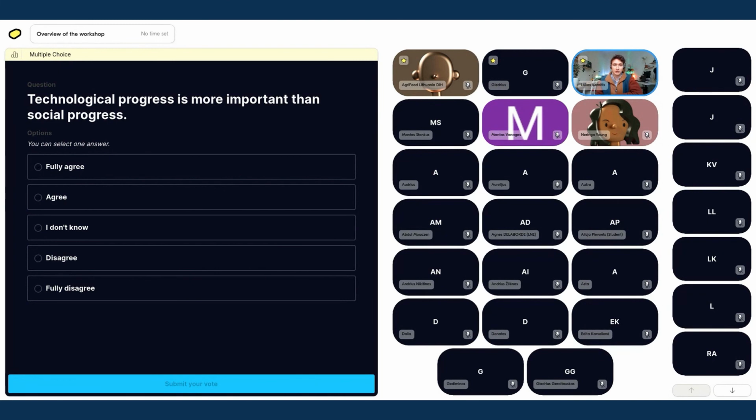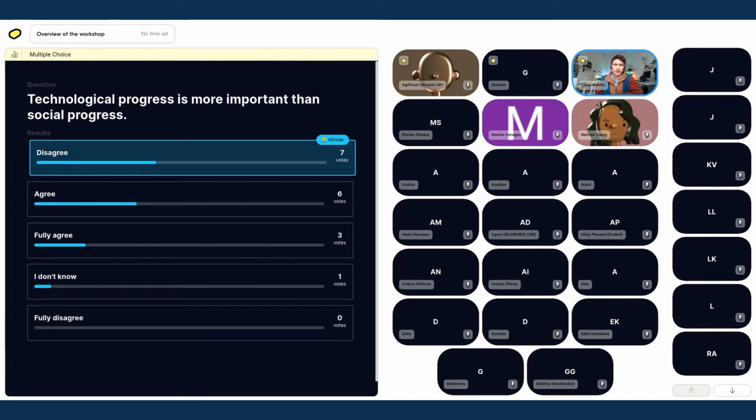I think it was quite different last time. Oh yeah, okay, now disagree is going up. Okay, a few more. Let's at least get half of us to vote. Okay, more or less we have the idea. Disagree, as the last time, as I remember.